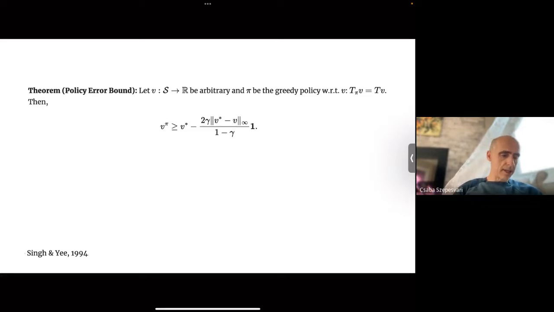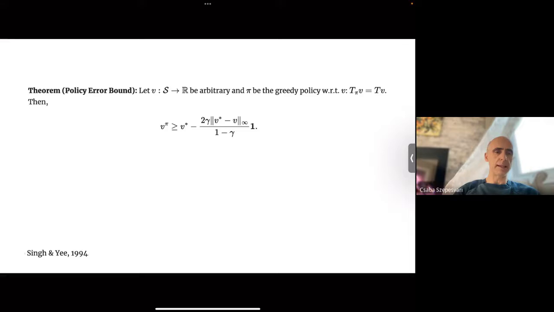And then you can show with a little calculation, using just contraction properties of the operators involved, that the value function of the policy that we get this way is going to be almost optimal, to the degree that the function that you picked differs from the optimal value function.